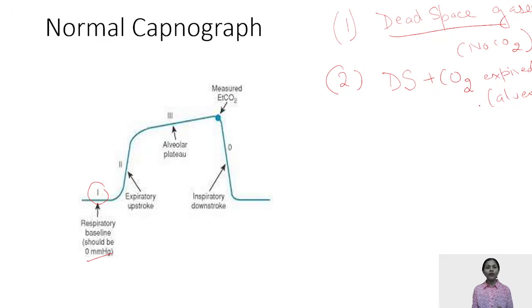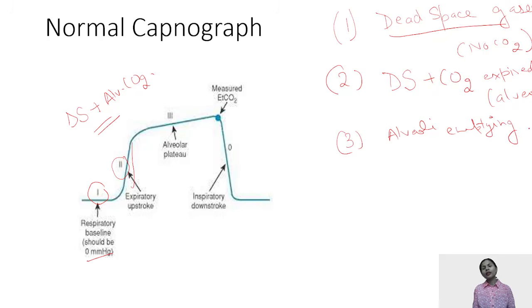So we have an expiratory upstroke as phase 2. Phase 2 is the expiratory upstroke because of the presence of CO2 within the dead space, which is 0, plus the alveolar CO2 now being added to it. That is your phase 2. Now phase 3 has a slight upstroke, and finally there is a plateau, that is, all the alveoli are emptying.